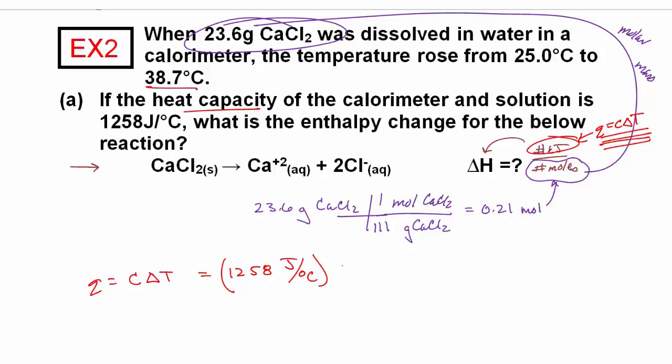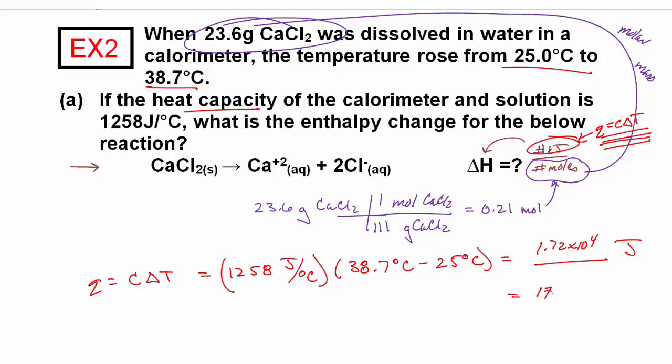Here's final, 38.7. Initial, 25. So my Celsius cancels, end up in joules. So I get about 1.72 times 10 to the fourth. And if I divide that by 1,000, I'll get kilojoules, 17.2 kilojoules.